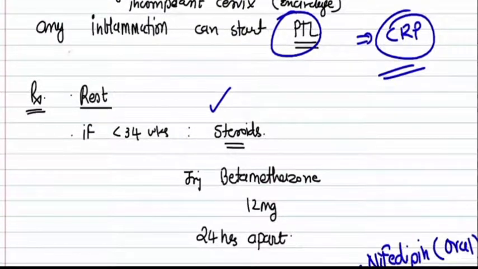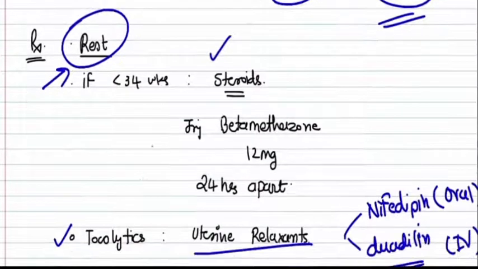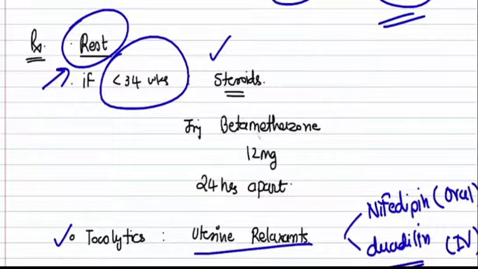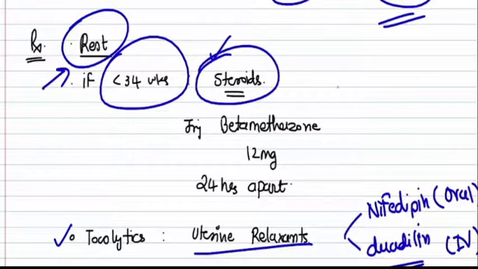Okay. Now, what are the treatment options? Unfortunately, once the labor sets in, we have a very small number of treatment options for PTL. The important ones are rest. Second is, if the gestation age is less than 34 weeks, then you should give steroid to get the lungs matured.